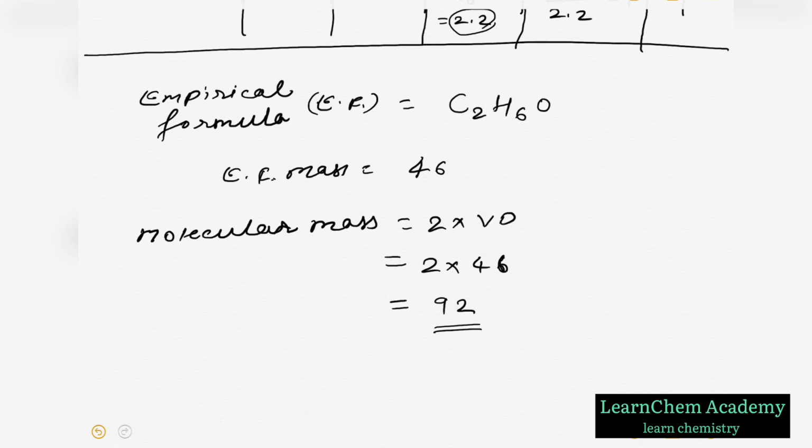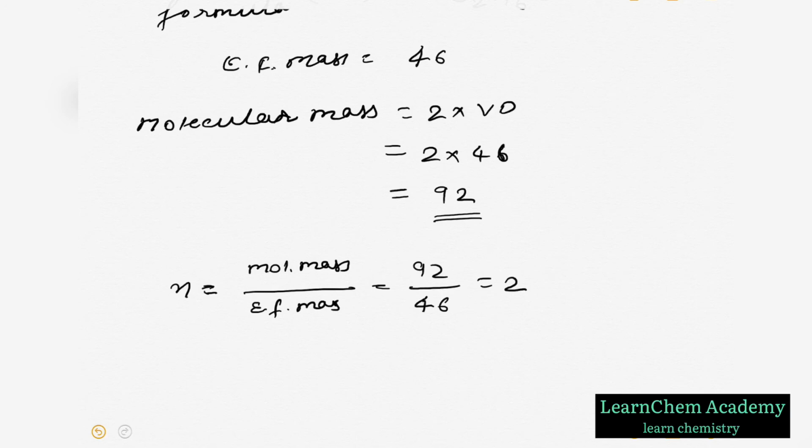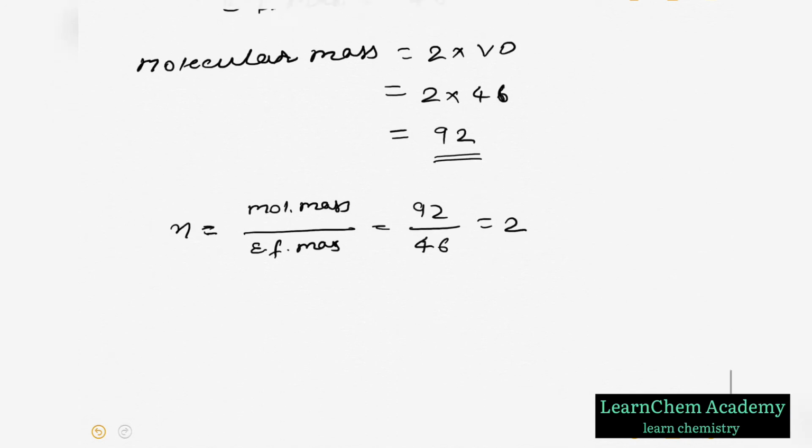Now we can calculate the value of n. The value of n is molecular mass divided by empirical formula mass, so 92 divided by 46 gives n equal to 2.